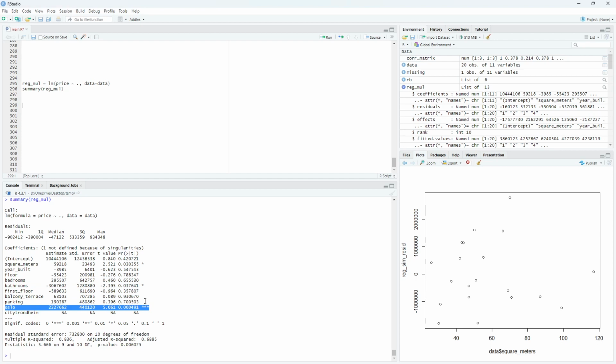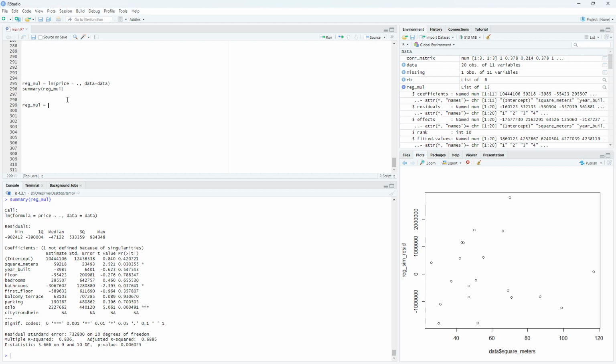What we can do is change the model. This is not always recommended, I have to say, but for simplicity's sake, for this case, we only keep the variables which are different from 0.